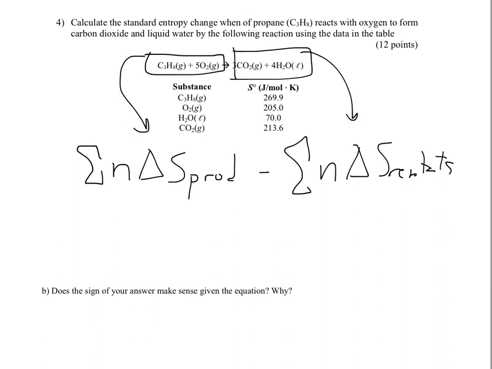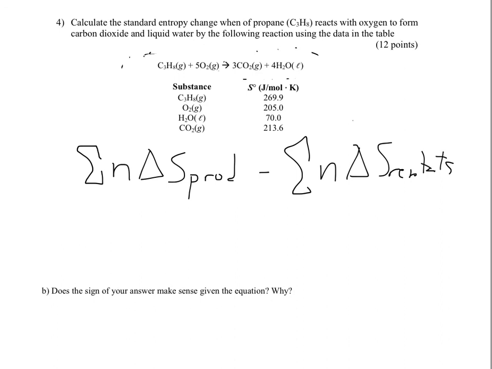That is incorrect. Just flip it up. The products go first. Again, it's always final minus initial. And so those don't belong there. They belong on the other side. And the same is true for the other ones. And so we just multiply the coefficients times the S's in the table. And you get out an answer.